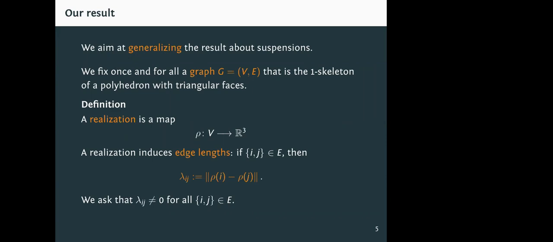So in order to fix our ideas, what I would like to ask you to do for the rest of this talk is to consider a graph which is the one-skeleton of a polyhedron with, in this case, a technical assumption, triangular faces. We can remove this assumption later on. Actually, we do it in a second part of the paper, but such an assumption makes it easier, I would say, to understand.